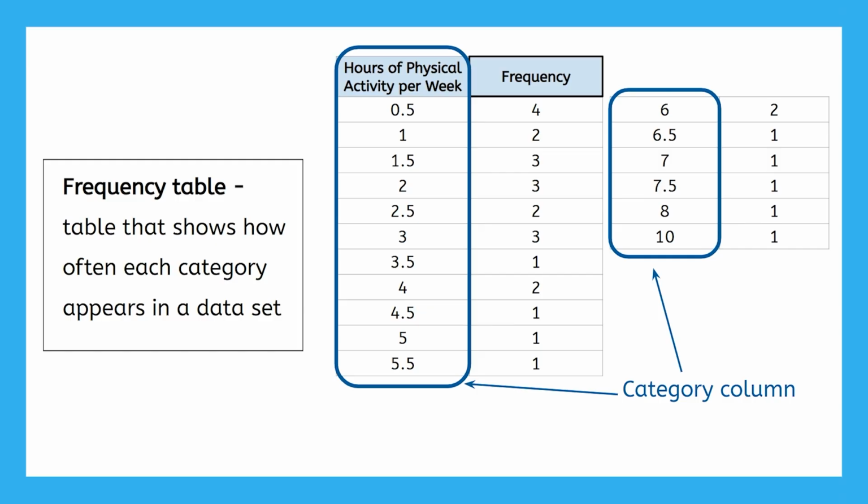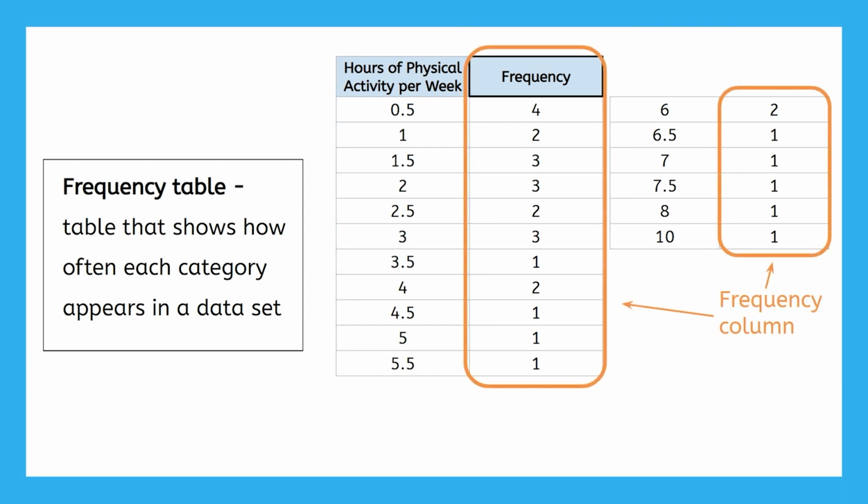Categories can also be intervals of numbers, which you'll explore in an activity later. A frequency table also has a frequency column, which shows how many times each category appears in the data set. In this case, it's the frequency of each number of hours, or how many people reported spending that many hours a week on physical activity.